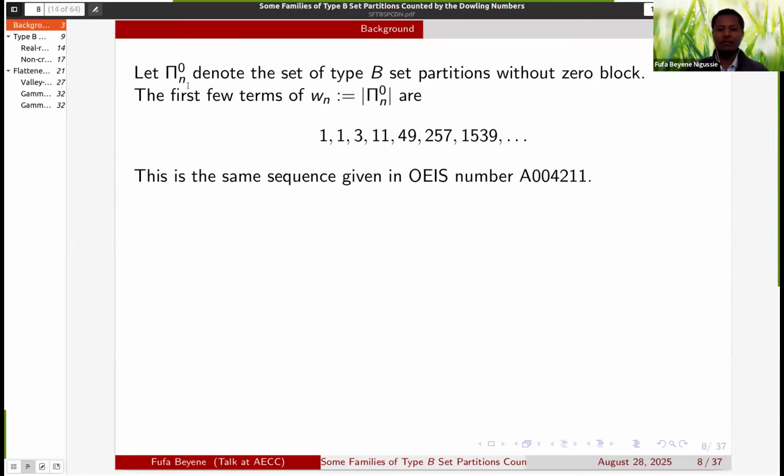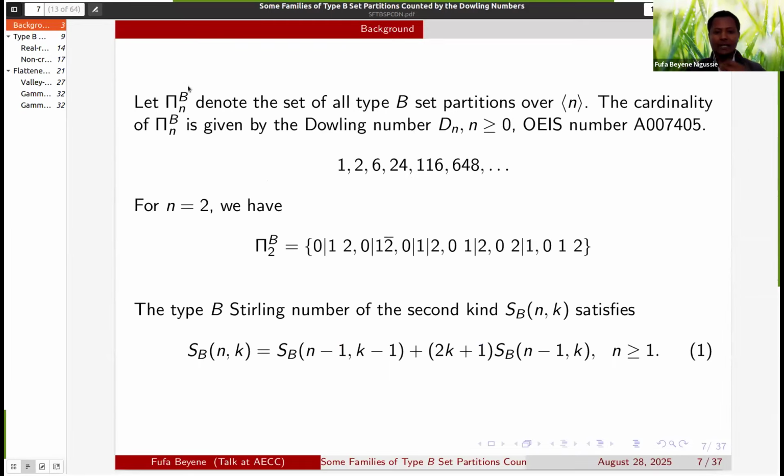So whenever you have type B set partitions in which 0 is in a singleton block, for example, these first 3 partitions are those I'm considering as type B set partitions without 0 block. In all of these 3, 0 is a singleton. The 0 block consists only of 0. And the remaining 3 here are those with a 0 block containing more than just 0.